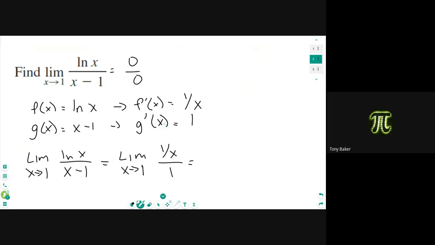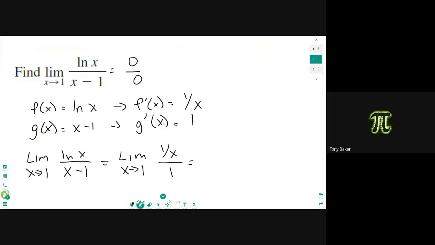If the limit is 0 over 0 or infinity over infinity, then the limit of the function's derivative is the same as the limit of the function. It's the derivative of the numerator over the derivative of the denominator. When you do the limit, it works.